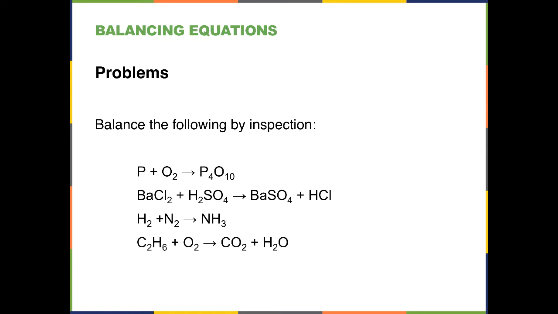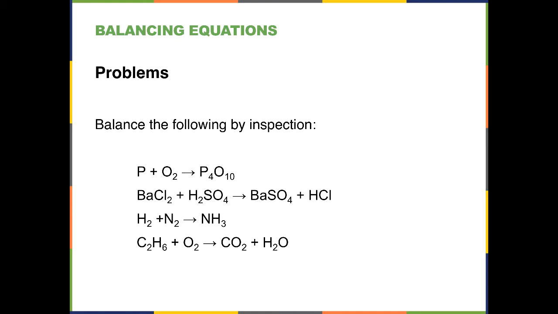Now this one's a little more complex, but let's see if we can do it. You know that you're going to need a 2 in front of the carbon dioxide, and you're going to need a 3 in front of the water. However, when you do that, you end up with 7 oxygens, which is 3.5 on the reactant side. Well, when you get a half, you multiply everything by 2.